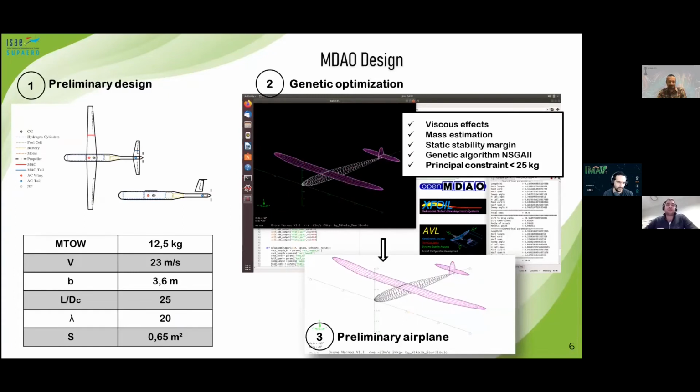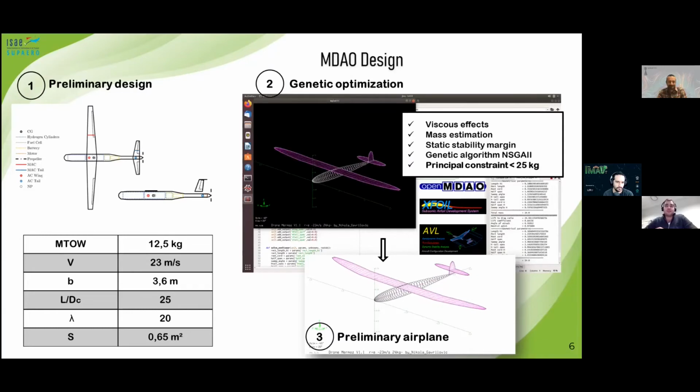So the project started with the designing of the aircraft. It started with a preliminary design where different geometrical parameters and limits are determined. Those geometrical parameters and their ranges were used later for the genetic optimization in Python using an OpenMDAO package.